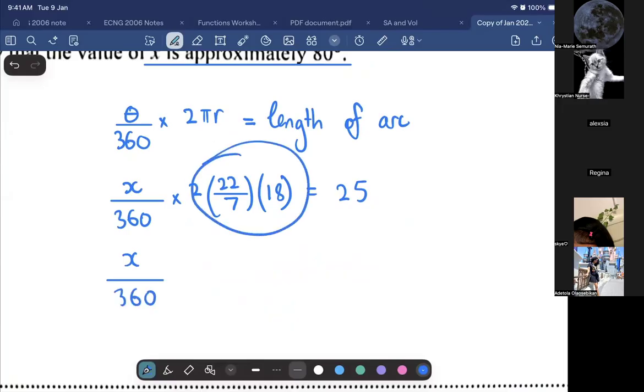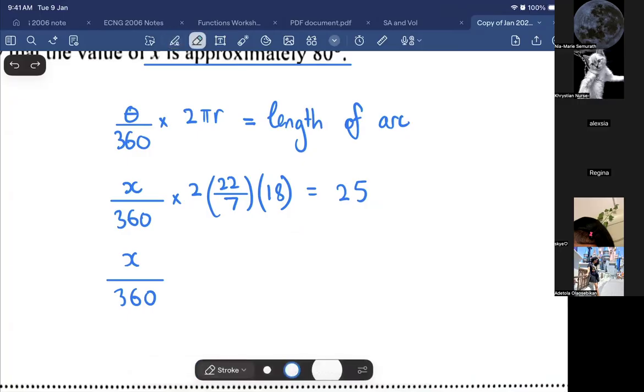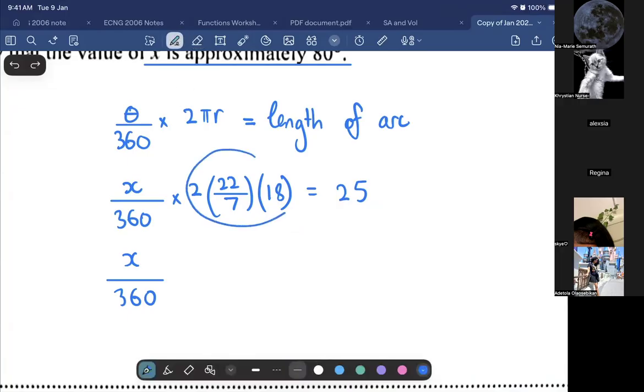Guys, let's work out this quickly. What is 2 by 22 by 18 over 7? Let me know what you're getting for this, as a fraction.